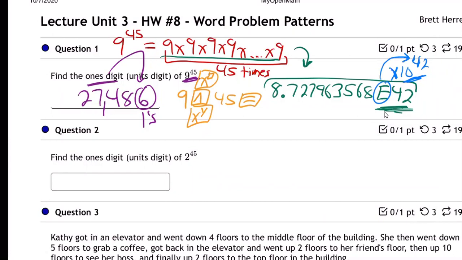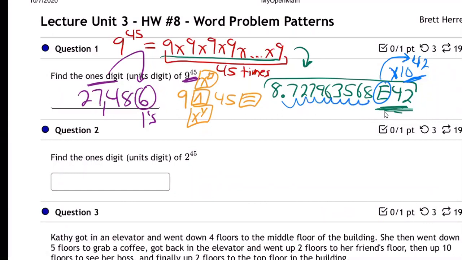And what does that mean we do? Okay, so great, it's 10 to the 42, but what does that mean about my number? It means you take this decimal and make it go 42 places to the right.